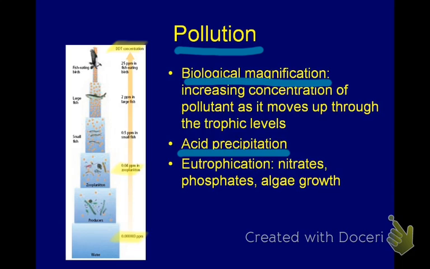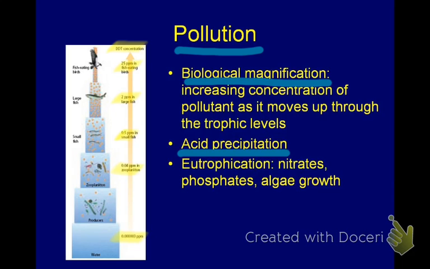Now it becomes a little bit more concentrated because there's fewer zooplankton than producers. And then the small fish eat the zooplankton. There are fewer of those, so it becomes more concentrated. That chemical, in this case DDT, becomes more concentrated as you move up through an ecological pyramid because there are fewer numbers. It's the same amount of poison, fewer numbers of organisms to distribute that poison between.